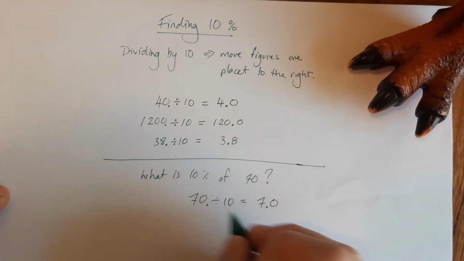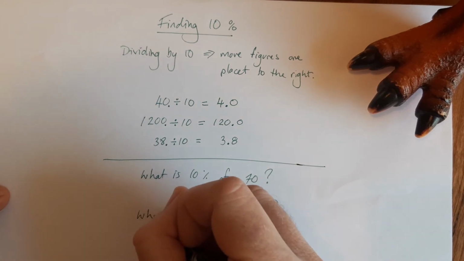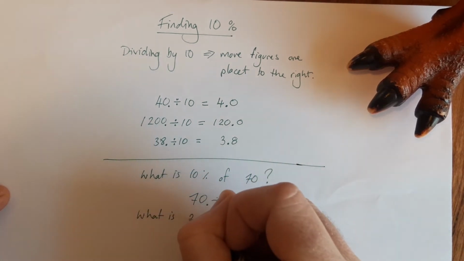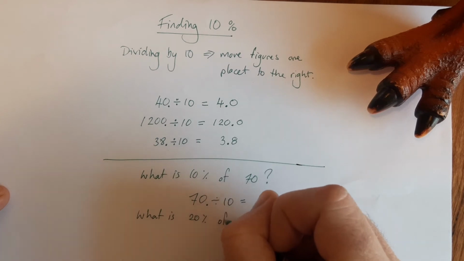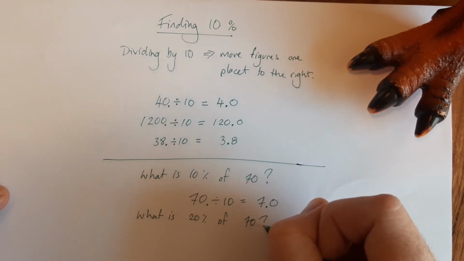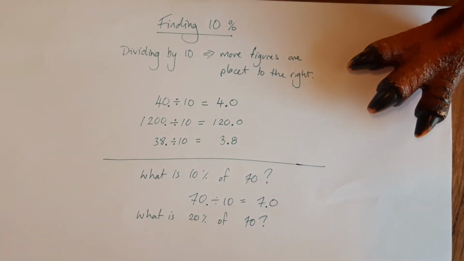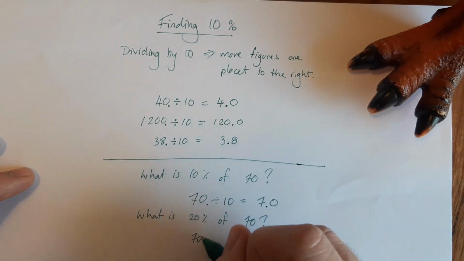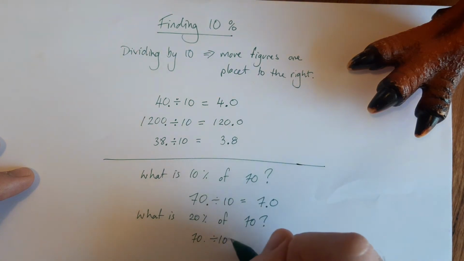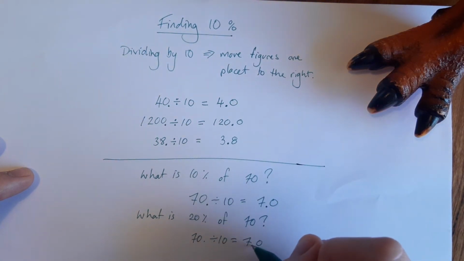But then you might get asked, well, what is 20% of 70? If I'm doing 20%, I'm not going to divide by 20. I'm going to go back to doing this. We always find 10% first and we build from there. So we do 70 divided by 10, which gives 7.0.